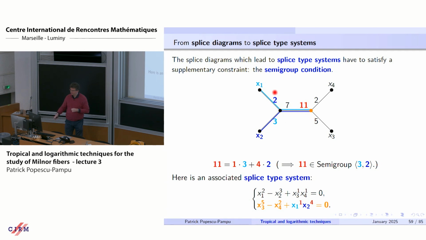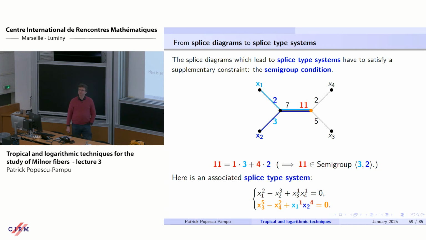Here we get 2. So the problem is, can we express 11 as a sum of 3s and of 2s? Which means, does 11 belong to the semigroup generated by 3 and 2? That's why it is called a semigroup condition. And here it's possible. You see that 11 is 1 times 3 plus 4 times 2. And these numbers, 1 and 4, we put them as exponents.